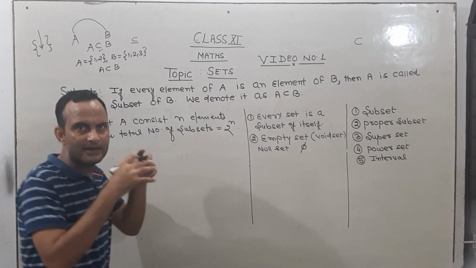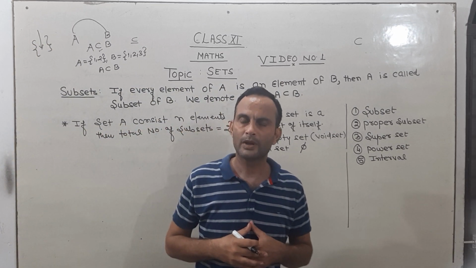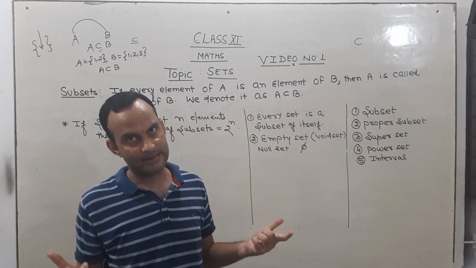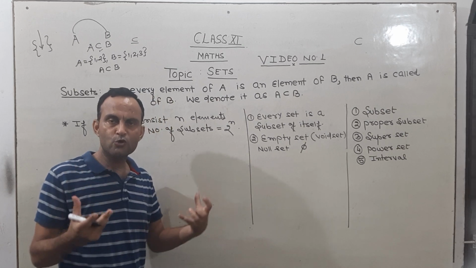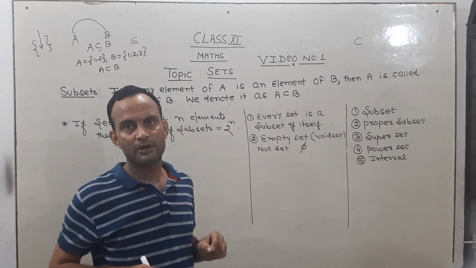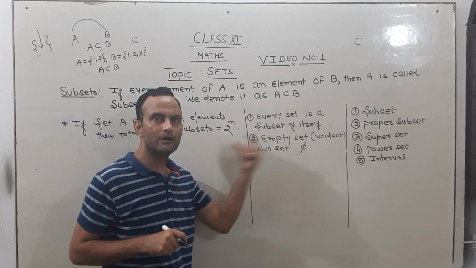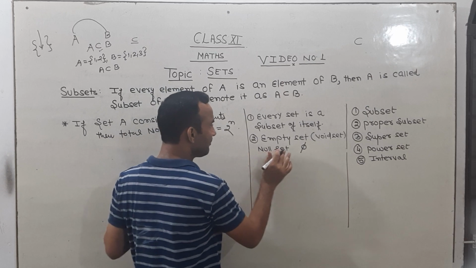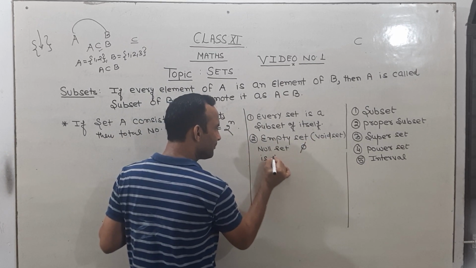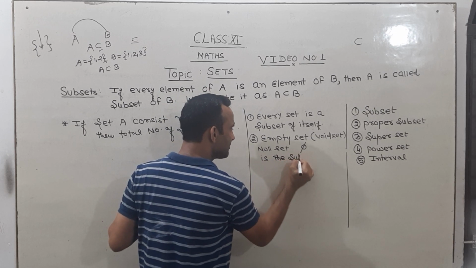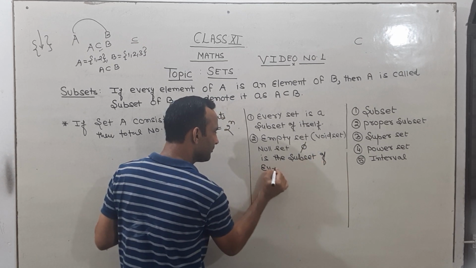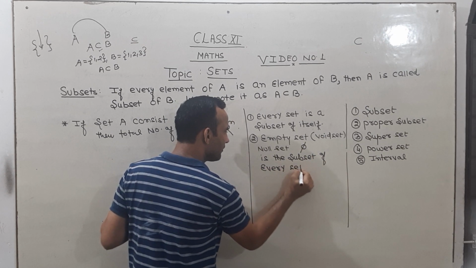When there is no element in a set, then such type of set is said to be empty set, whose other names are void set, null set. तो यदि आपका कहीं भी यूज हो रहा है void set, null set, then you can understand what is the meaning of null set and the void set. It is denoted by the letter φ. Empty set, or you can say the void set, or you can say the null set, is the subset of every set.